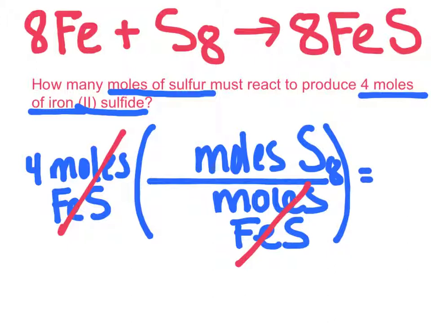And now what numbers go in the mole ratio? Remember, this was our last lesson. Look at the balanced equation, there's your first hint, and tell me how many moles of each of those substances we have. Okay, find FeS, point to it in the equation. How many moles do I have? Hopefully you said 8. And then how many moles of S sulfur do I have?